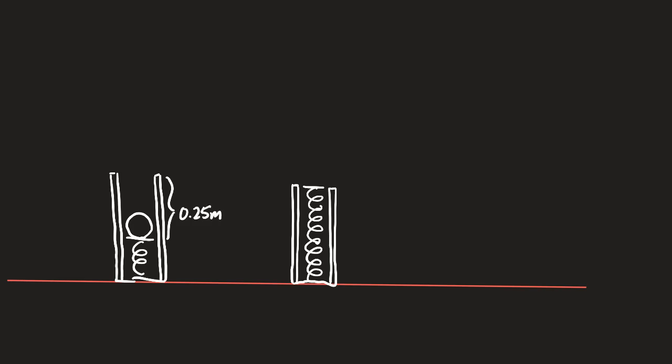So that's the first state of the system, a state where we compressed the spring and dropped the ball in there. In the problem, the spring was compressed 25 centimeters, or 0.25 meters.